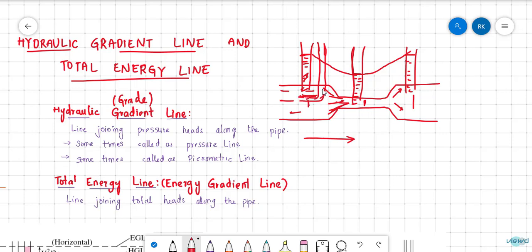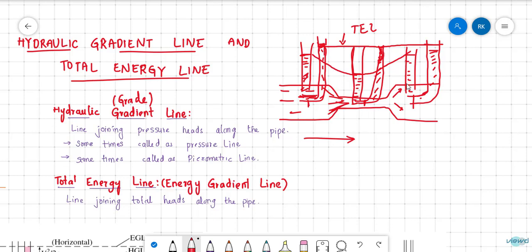So the liquid rises up to this point, and here up to this point, and here up to this point. If you look here, this is the total energy line, the line joining total head.